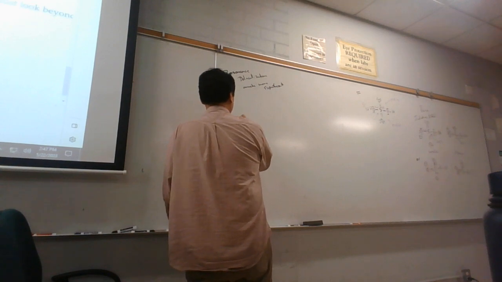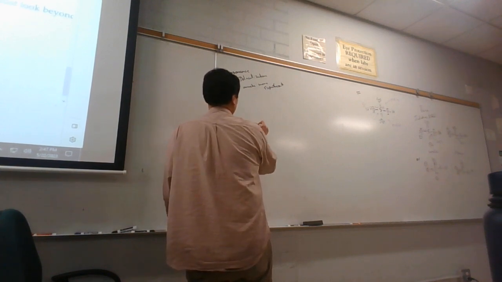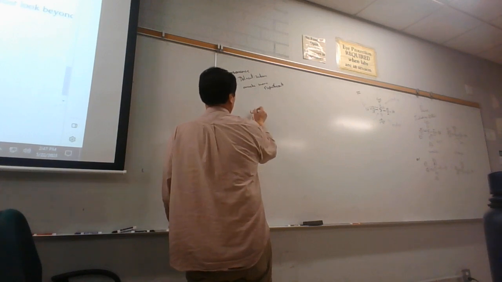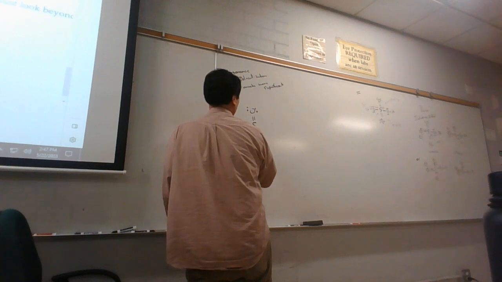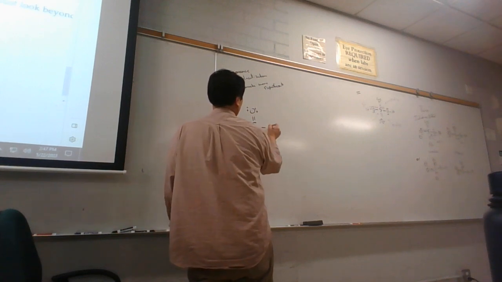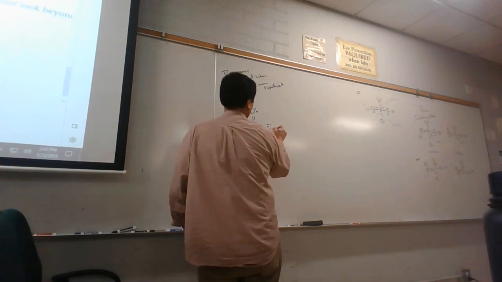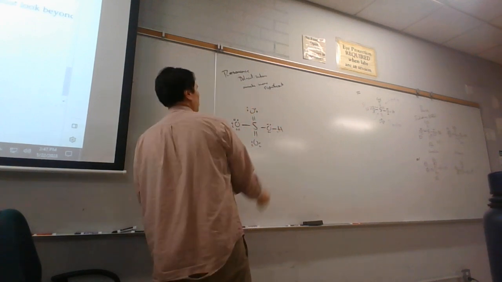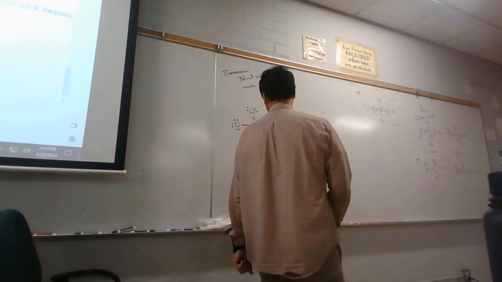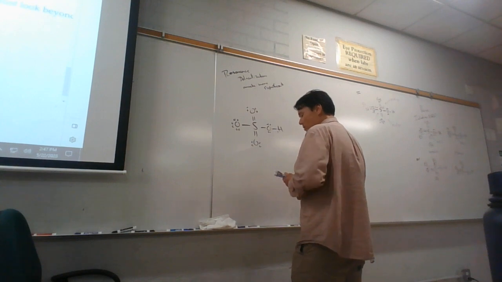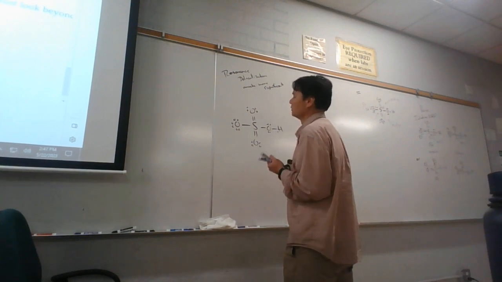And what I mean by that is, if we have the fully expanded versions here, how many resonance forms can I draw for this?